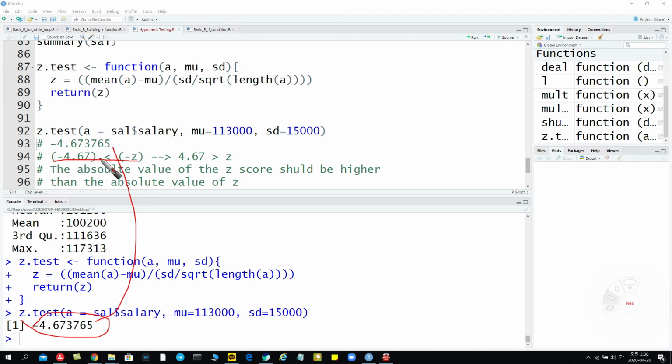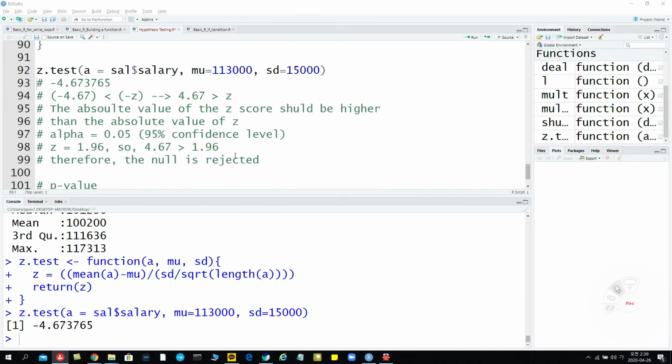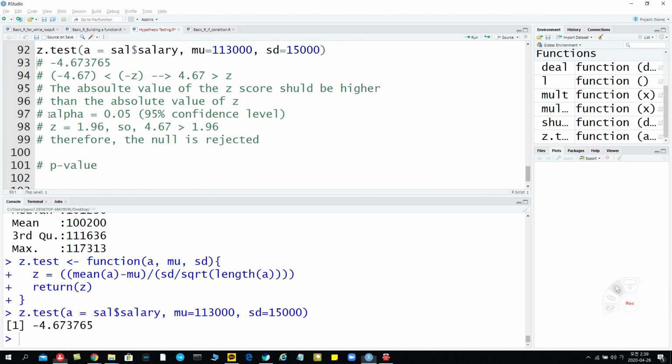The Z-score of 4.67 should be larger than the critical Z, using the absolute value of the Z-score. As you mentioned, we have a 95% confidence level, so alpha is 0.05.